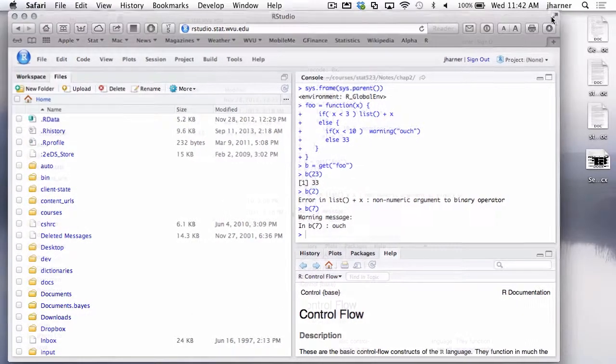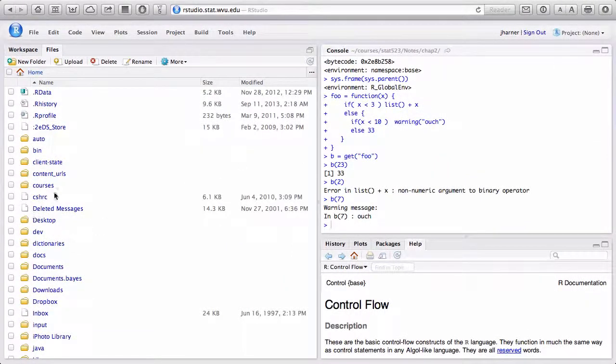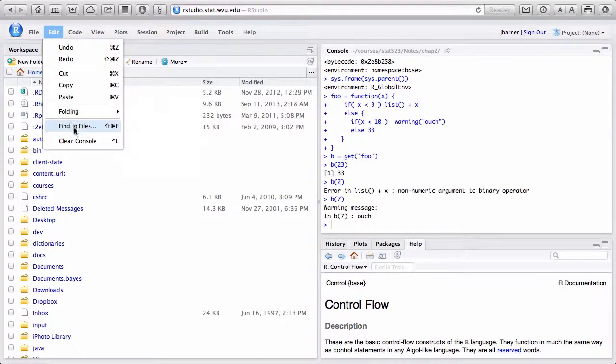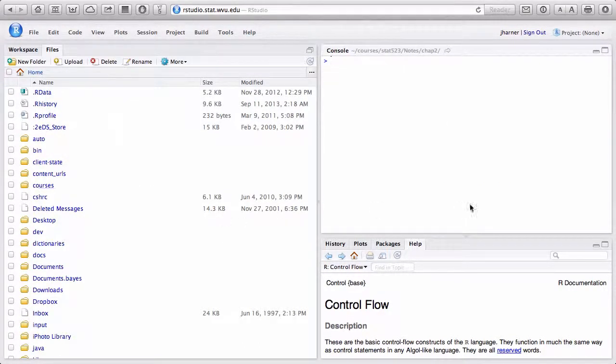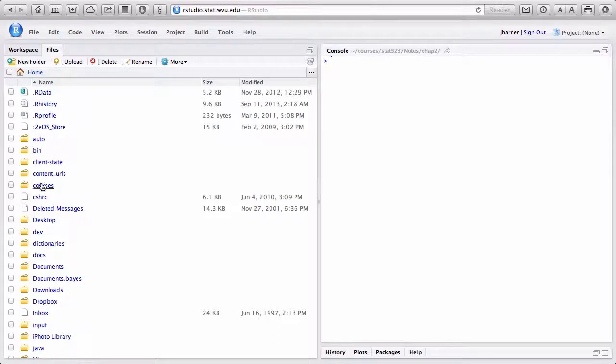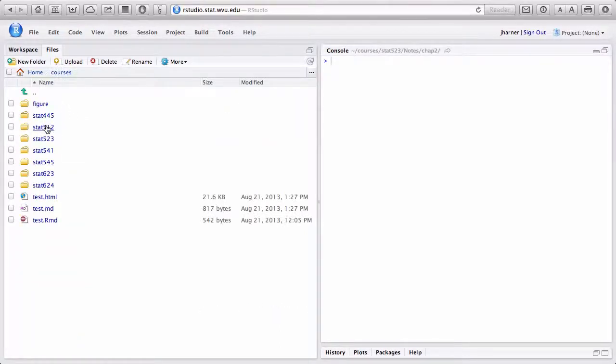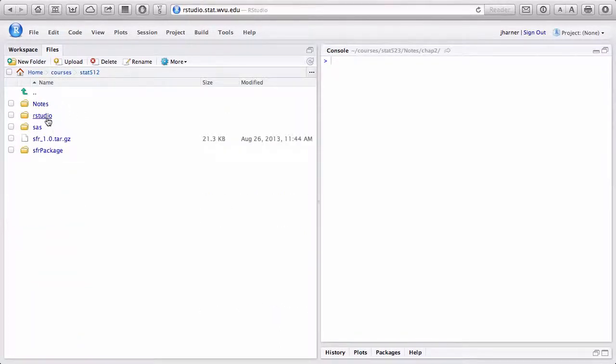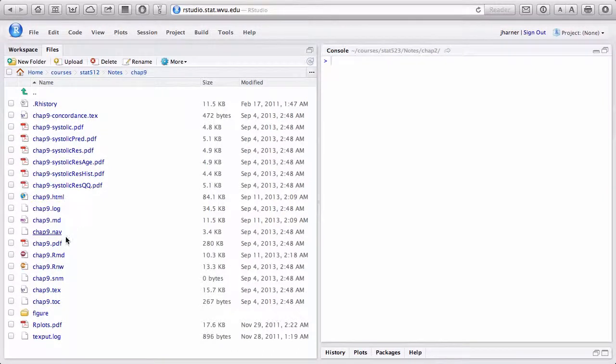I'm going to blow this up to full screen, and I'm going to clear the console. So let me go into 512. We're going to look at chapter 9. We started this last time, so we're going to continue that. So chapter 9.Rmd.